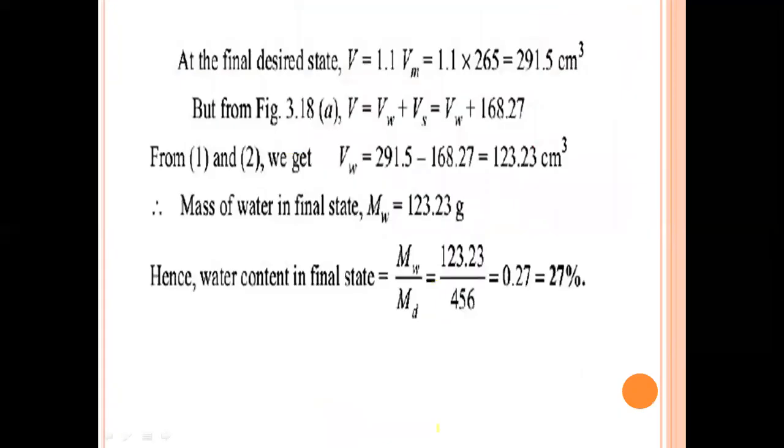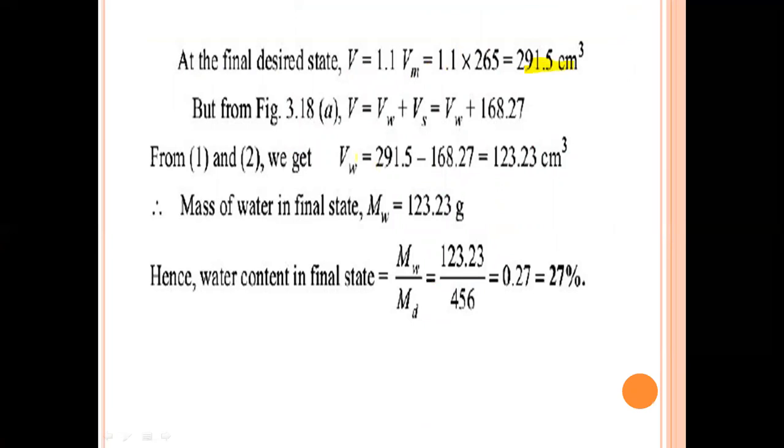At the final desired state, V equals 1.1 Vm, so 1.1 into 265 equals 291.5 cubic centimeters.